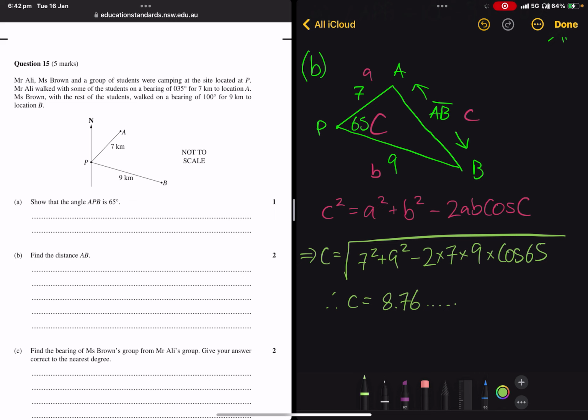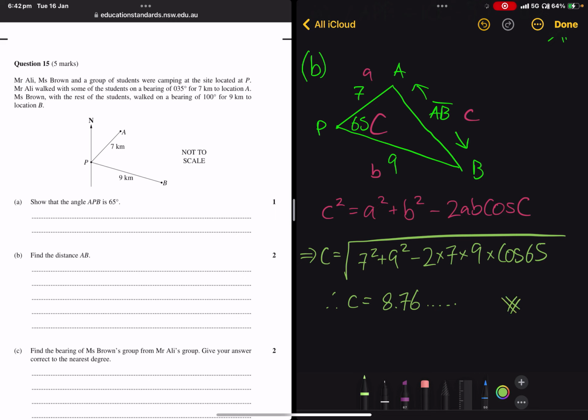And so the marker notes are going to have us round this to 2 decimal places. It doesn't actually say how to do this. This is not necessarily the exact solution here, but 8.76 with a whole bunch of other decimals is going to be the answer in this case.